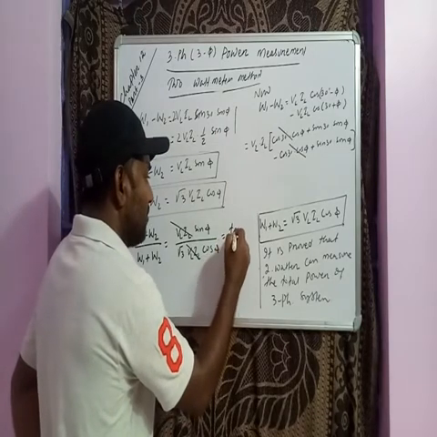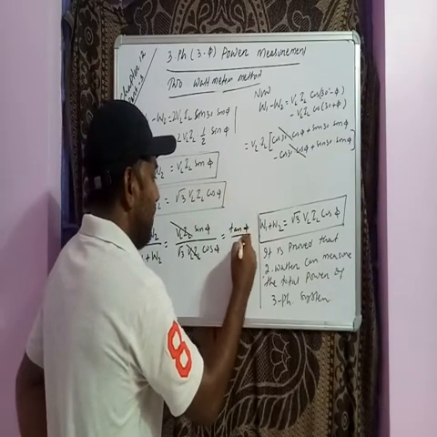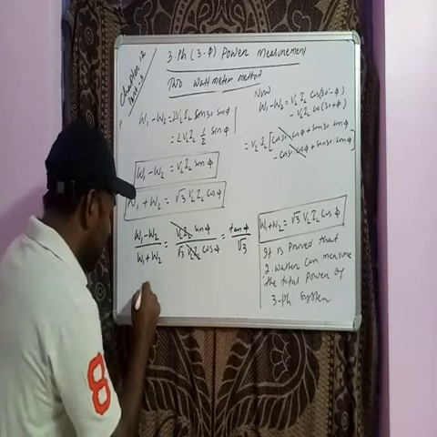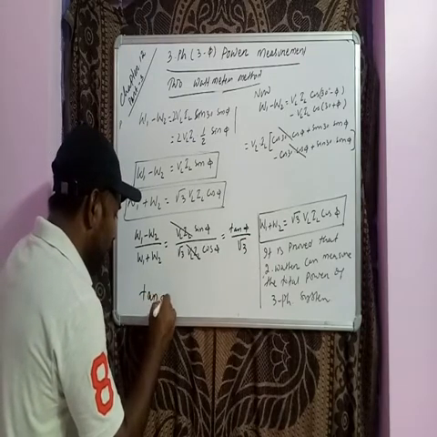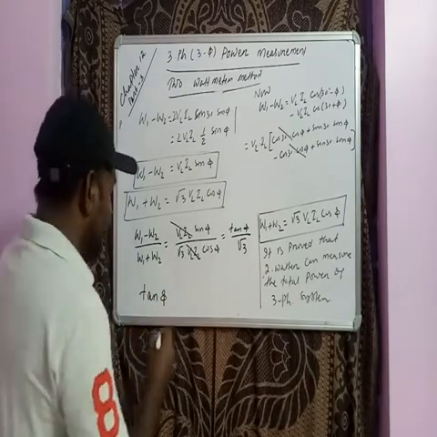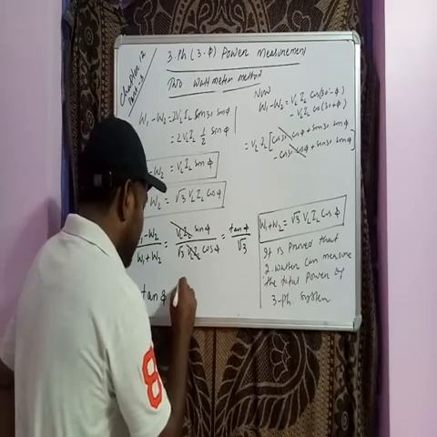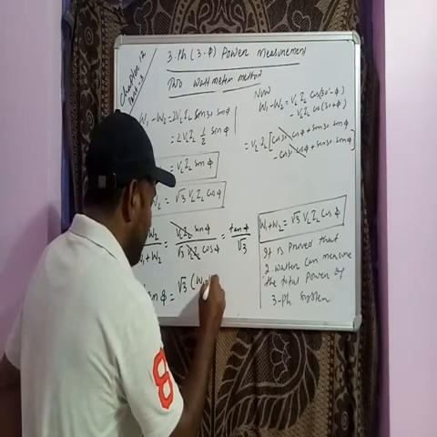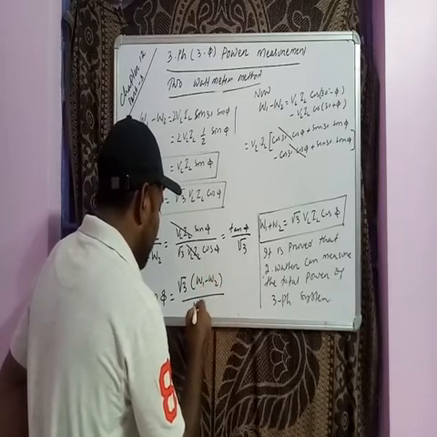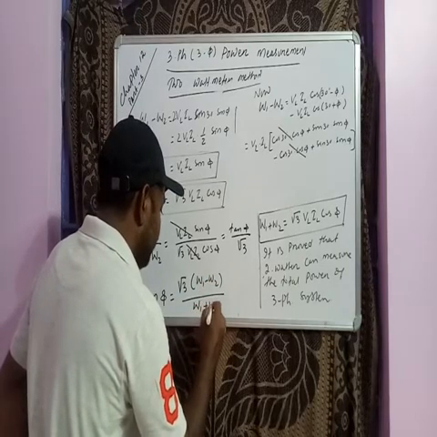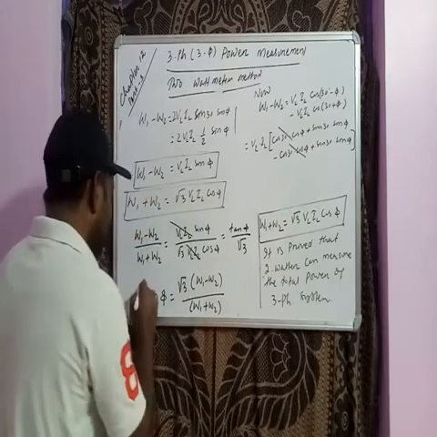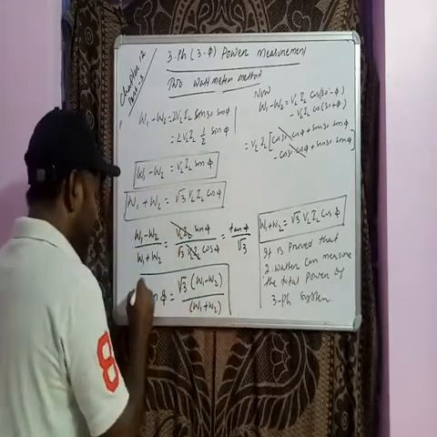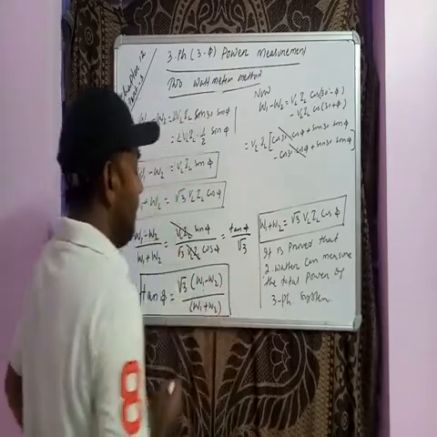So this becomes tan phi by root 3. So from here we are getting one more interesting formula, that is tan phi is equal to root 3 into (W1 minus W2) by (W1 plus W2).